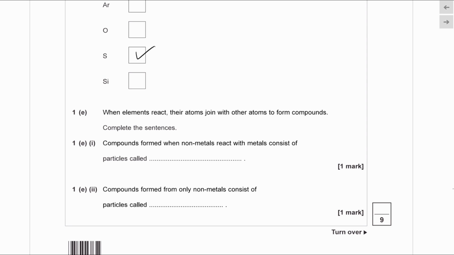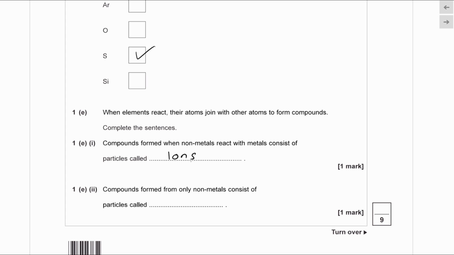1E, it says when elements react, their atoms join with other atoms to form compounds. Complete the following sentences. Compounds formed when non-metals react with metals consist of particles called, we should know that metal plus non-metal gives you ionic bonding, and that is a result of particles called ions.